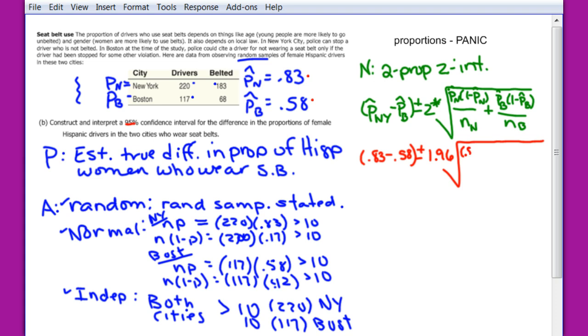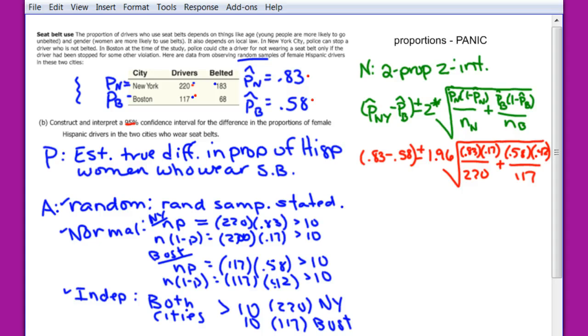Now 0.83 times 1 minus 0.83, which is 17%, over n for New York, 220, plus Boston's 58% times 1 minus 58%, which is 42%, over 117, the number of people in Boston's study.